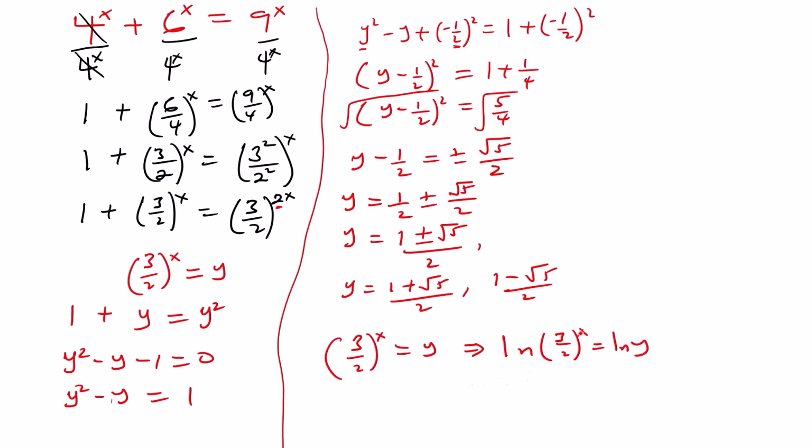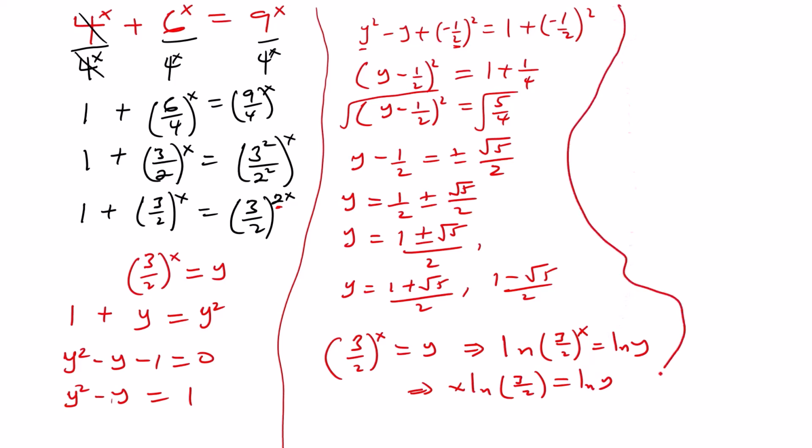This one is the power rule, the same as x natural log of 3 on 2 equals natural log of y. So we are going to do substitution. Now be very careful: you can't take the log of a negative number. So of the two answers here, this one is out. It means y should be greater than 0.